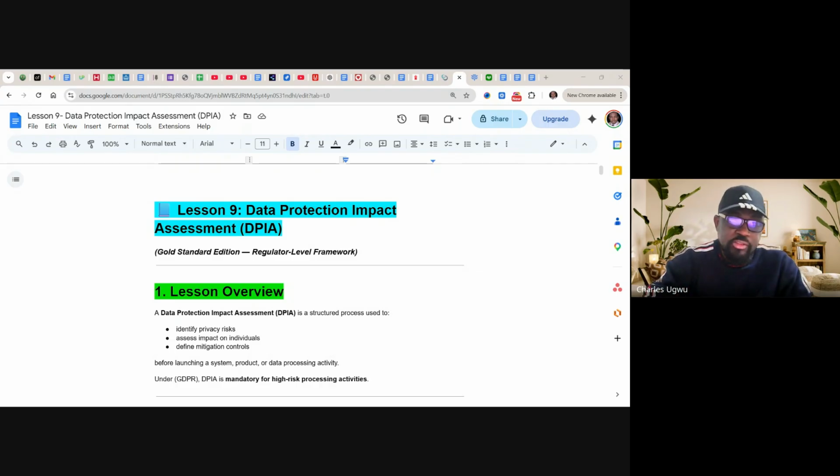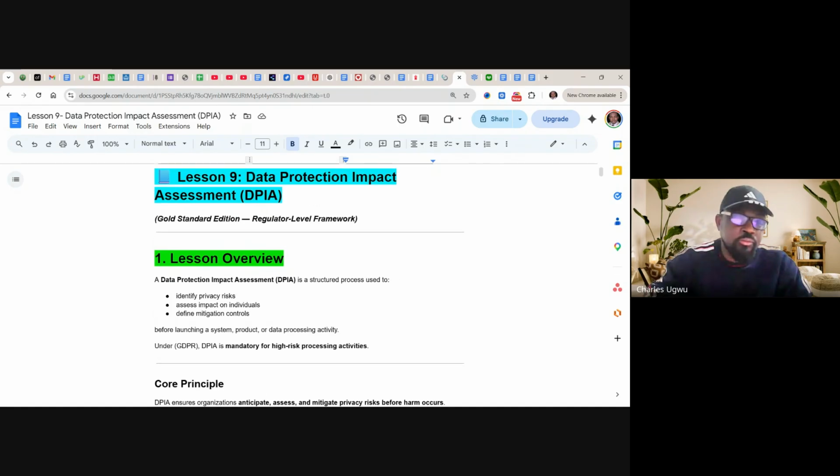Like I said, we're going to talk about data protection impact assessment. It's a structured process to identify privacy risk, assess the impacts on individuals, and define mitigation plans or controls to reduce the impact.